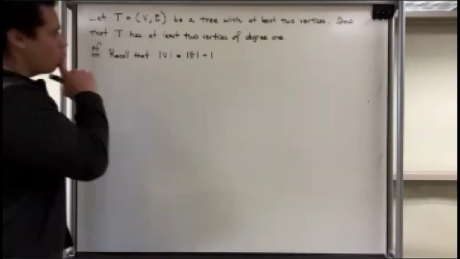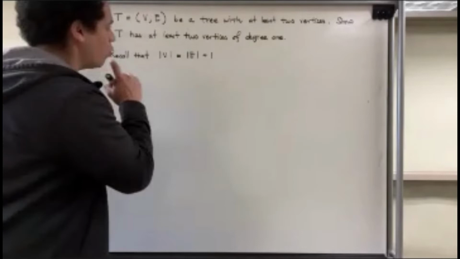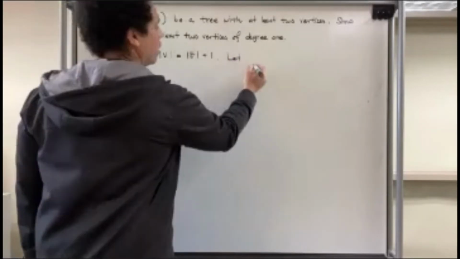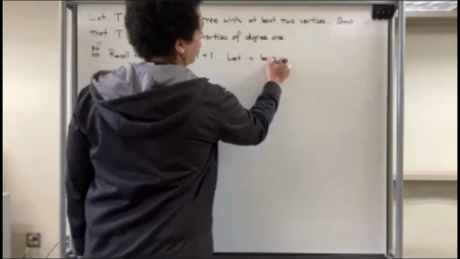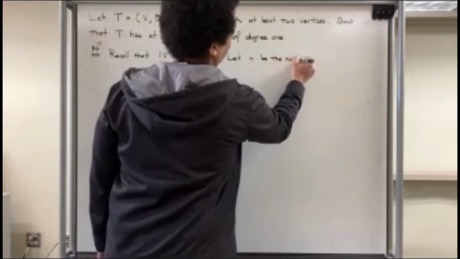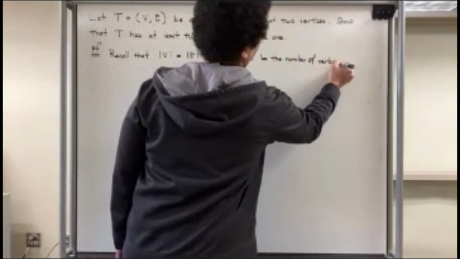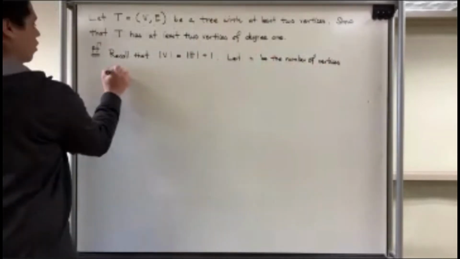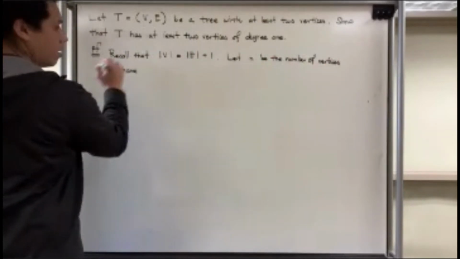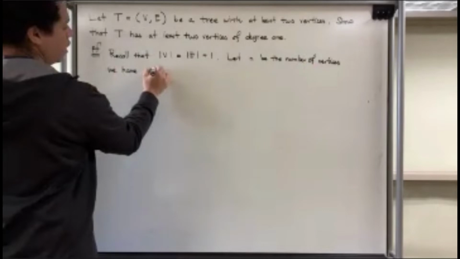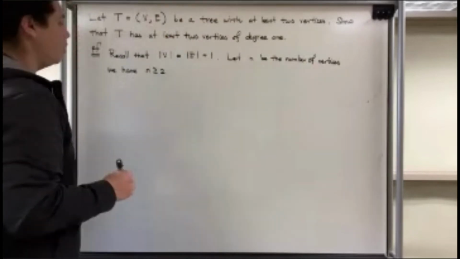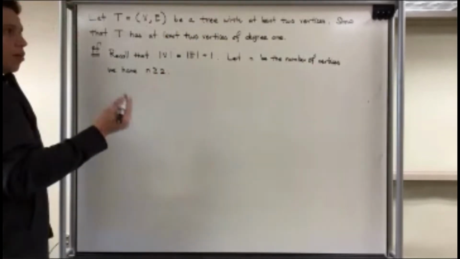So, what is it that we have here? Let n be the number of vertices. Now we have that n is greater or equal than 2 by the assumption that we have here, right?